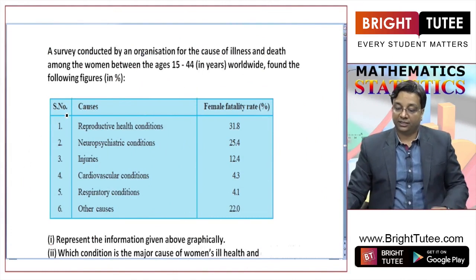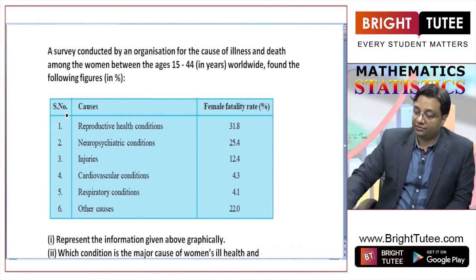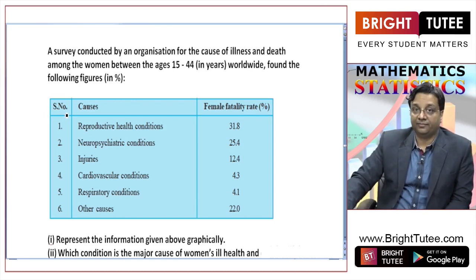Now, this was a survey conducted by an organization for the cause of illness and death among women between the ages of 15 to 44 years worldwide. It found the following figures in percentage. Causes: reproductive health conditions caused 31.8% of the female fatality.